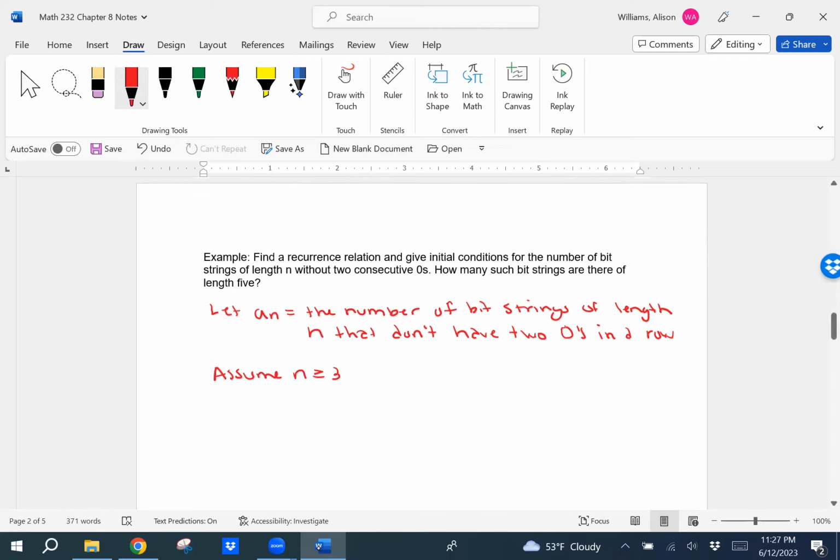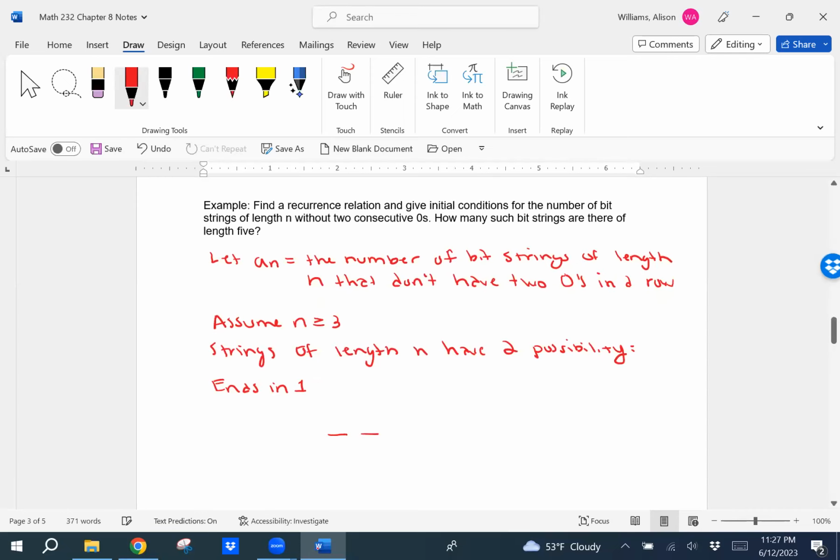Okay, so strings of length n have 2 possibilities. One possibility is that it ends in 1. So if it ends in 1, what we're looking at is a bit string that ends with literally a 1 here. And since these are of length n, there would be n minus 1 of these.